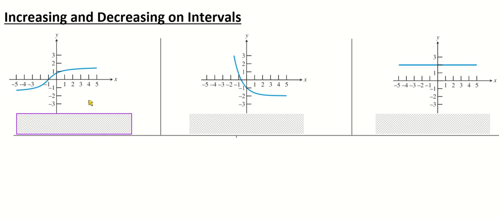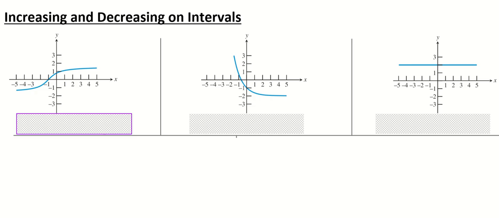But in precalculus for right now, literally just look at the graph and tell me on what intervals this function is increasing, or going up, as we head left to right, and on what intervals it is decreasing as we go from left to right. So it's going to be very, very easy.